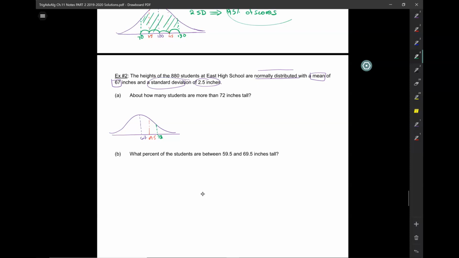Now, how much is it until here? Let's take a look at this for a minute. We want to know how many students are more than 72 inches tall. So how many students are there to the left of this curve?